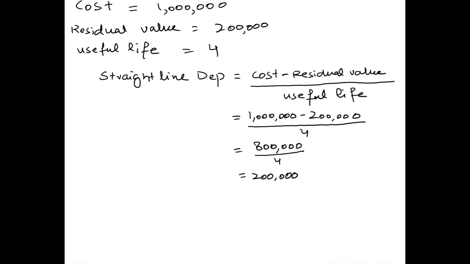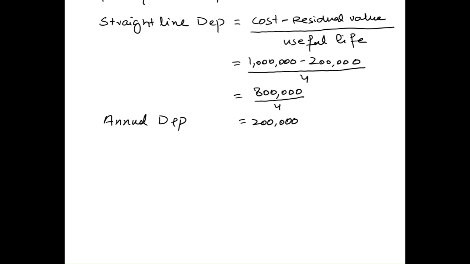Now, this is the annual depreciation amount for this asset. So for annual, you can also think of this as depreciation for 12 months. Okay, keep that in mind.